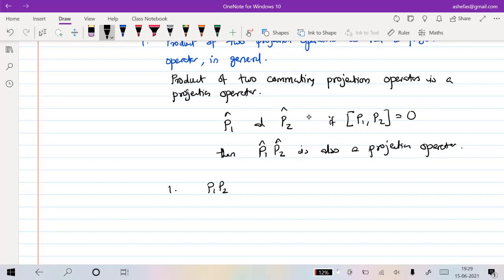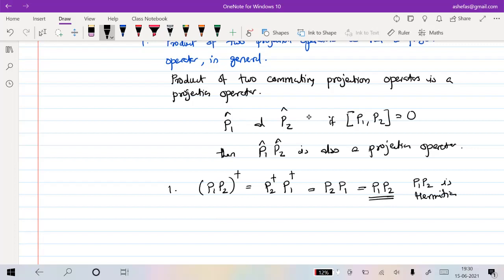So (P1 P2) dagger must be equal to P1 P2. (P1 P2) dagger is equal to P2 dagger P1 dagger. Now P2 is a projection operator, and P1 is also a projection operator, so P2 dagger can be written as P2, and P1 dagger can be written as P1. Since they commute, P2 P1 can also be written as P1 P2. So (P1 P2) dagger equals P1 P2, which says that the product P1 P2 is Hermitian. So it satisfies the first condition of a projection operator.